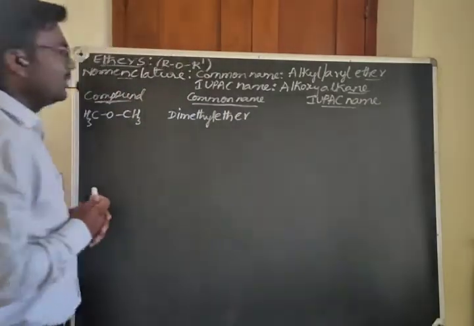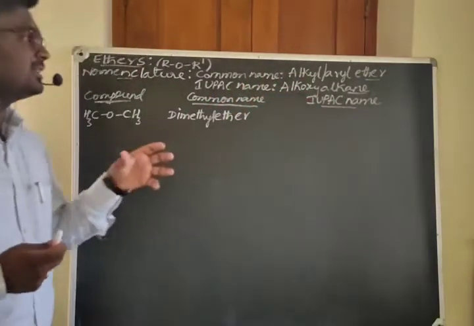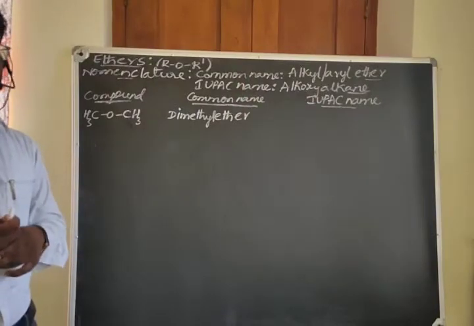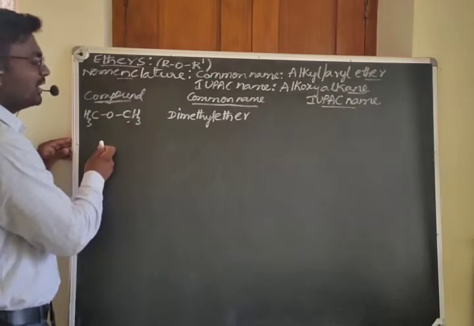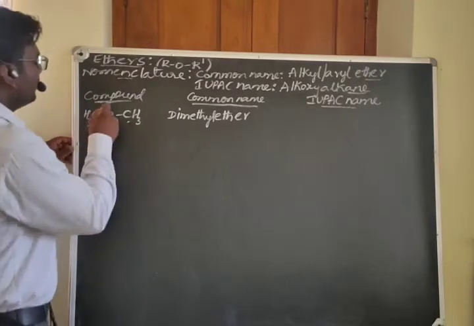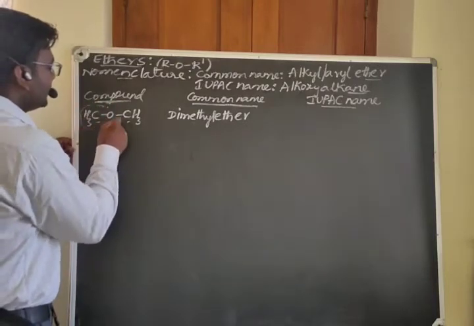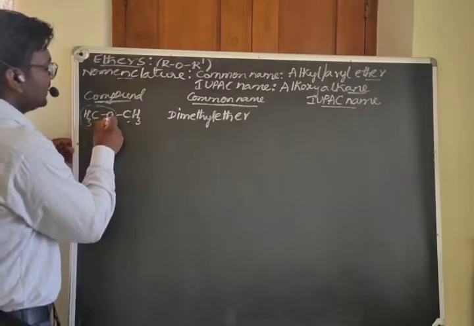Now, what is the IUPAC name? We have to follow the sequence alkoxyalkane. Here this side we have one carbon atom and this side also one carbon atom. You may choose any one. If you take this, it will be methyl plus oxygen, which is methoxy.